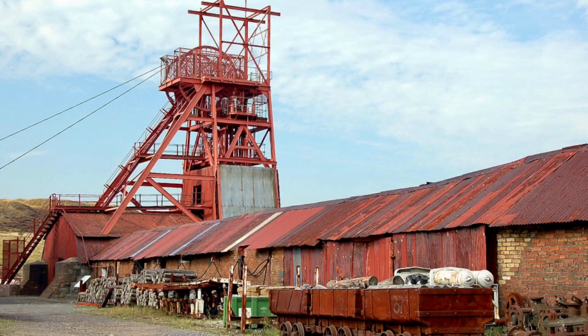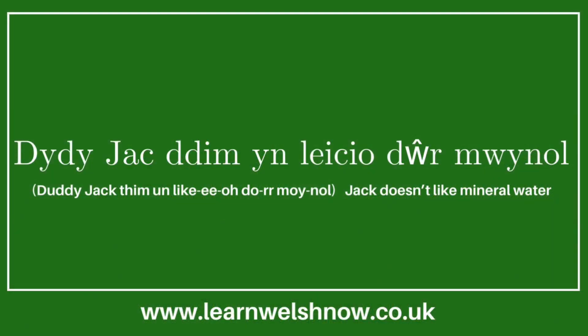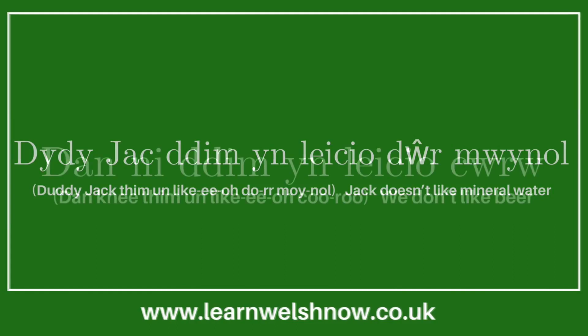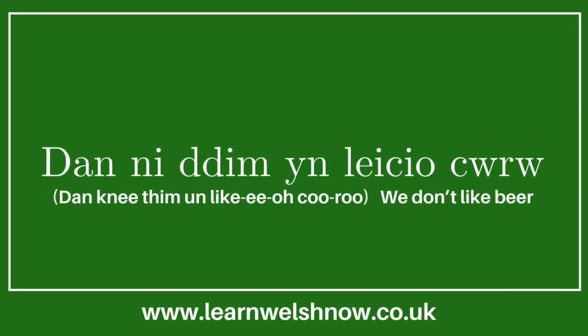If you want to say somebody doesn't like something, for example, Jack doesn't like mineral water. Dydy Jac ddim yn licio dŵr mwynol, mineral water. We don't is dan ni ddim yn. So we could say, we don't like beer.